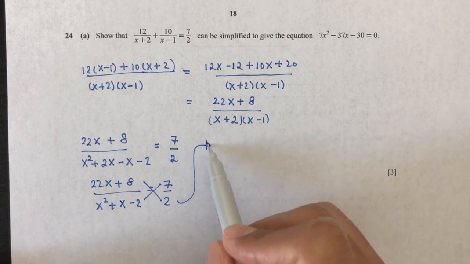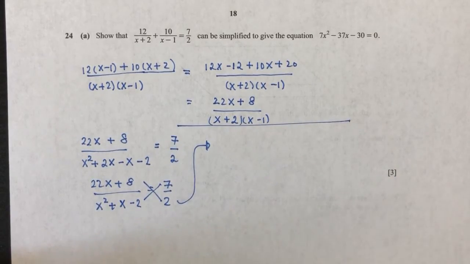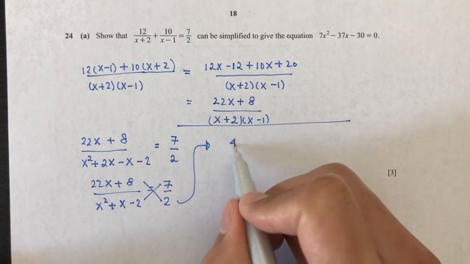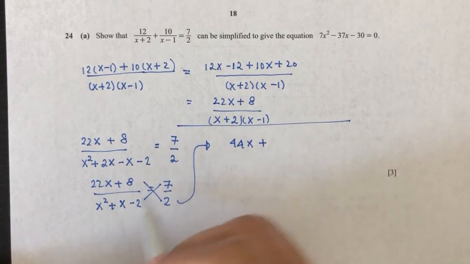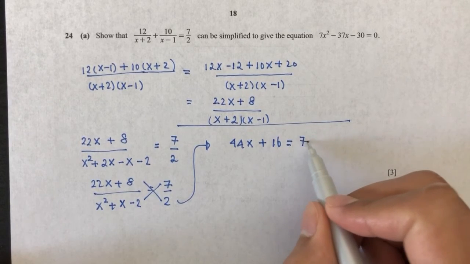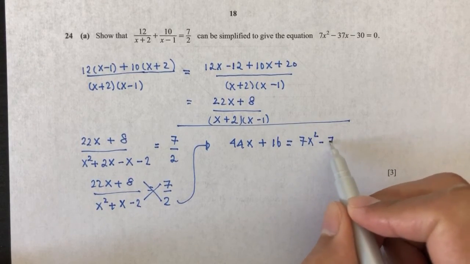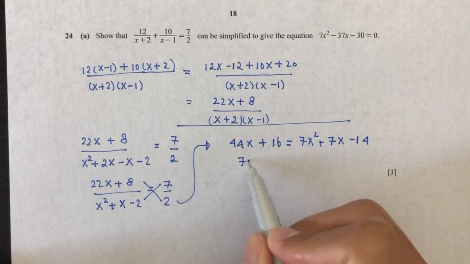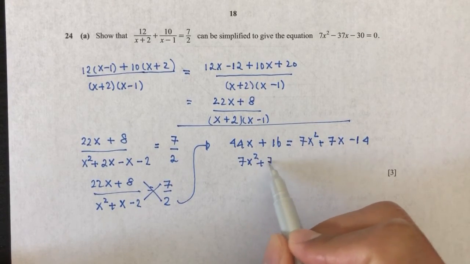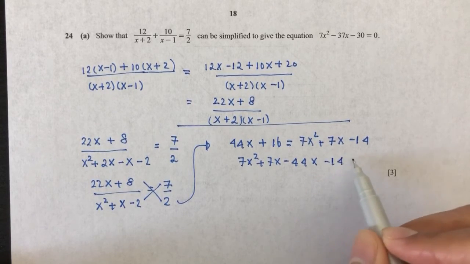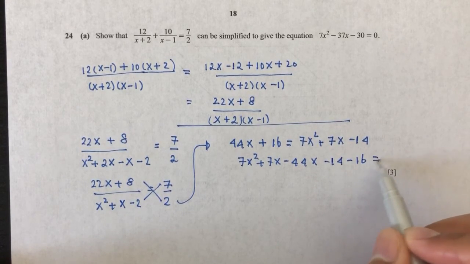Let's bring this on this side. So what do we have? We have 2 times 22 will be 44x plus 16 equal to 7 times x squared plus x minus 2, which is 7x squared plus 7x minus 14. So we have 7x squared plus 7x minus 44x minus 14 minus 16 equal to 0.